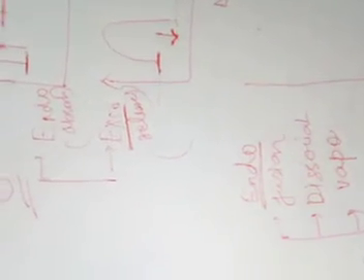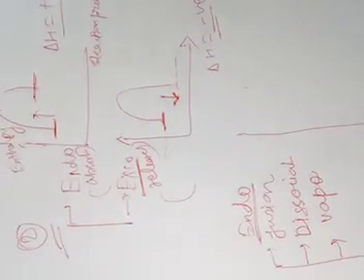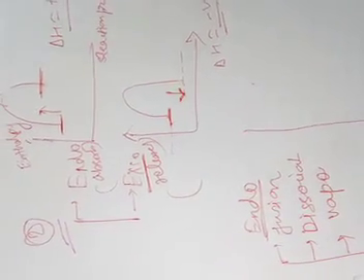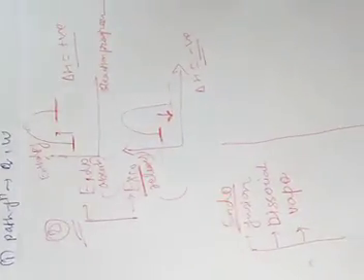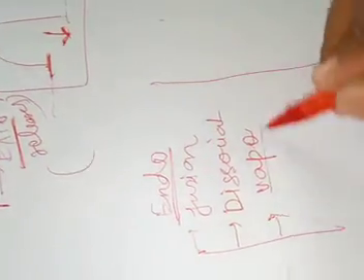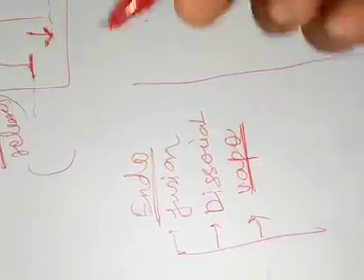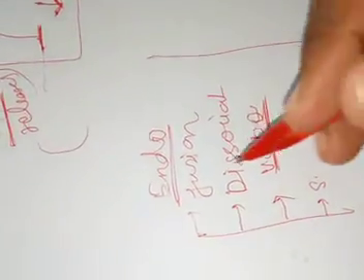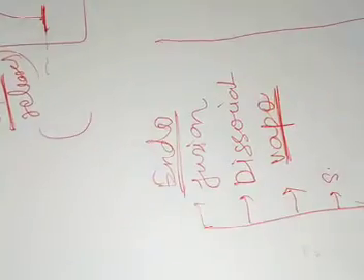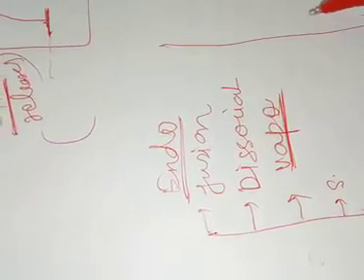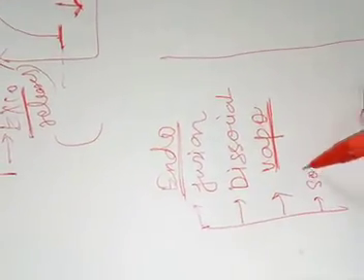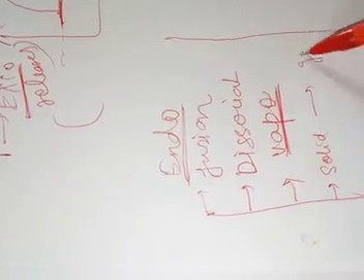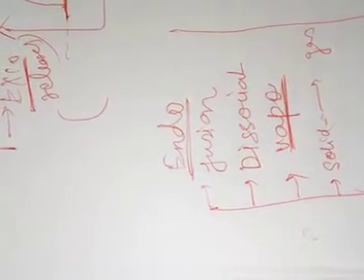Because to form vapor, some energy has to be given to the substance. Sublimation reactions are also endothermic, because we have to provide some energy to the system so that the solid converts into gas.